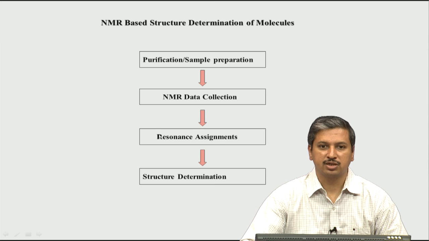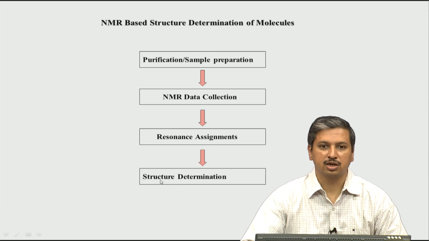Now, once the assignments are done, then we go on to structure determination. Remember, structure determination here does not mean just the structural formula of the compound, like we saw in the case of 1D and 2D NMR, where we looked at a few examples in which we had only the molecular formula and tried to figure out the different functional group connectivity and the structural formula. That is not what is meant here.